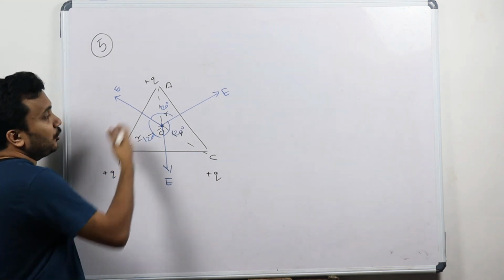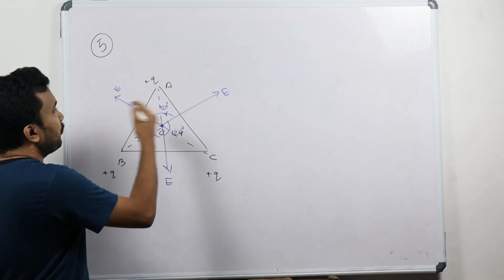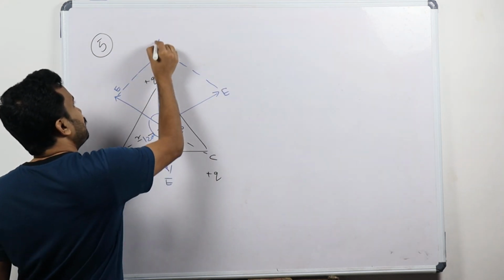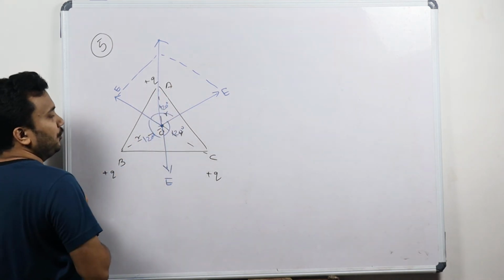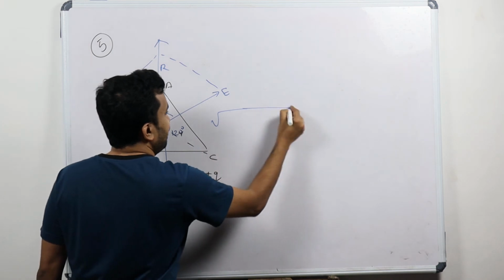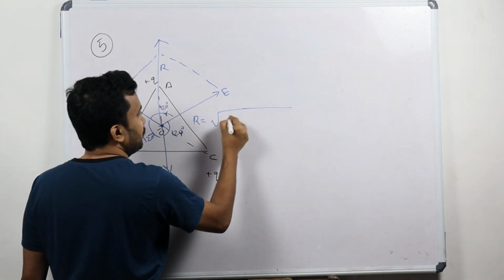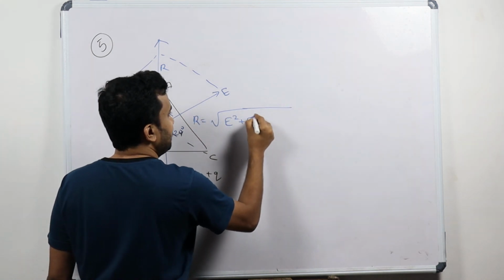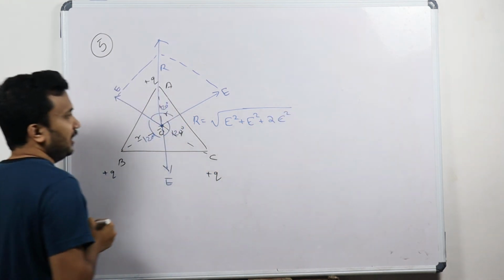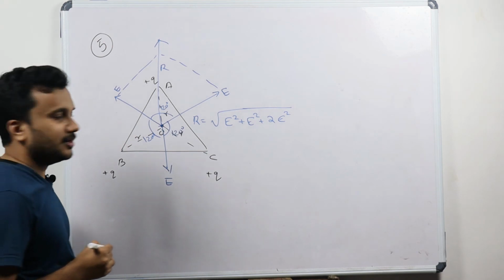I need to find out the total electric field at this point. So I am going to find the electric field intensity between these two vectors. What is the formula? Resultant R is root of A square plus B square plus 2AB cos theta.